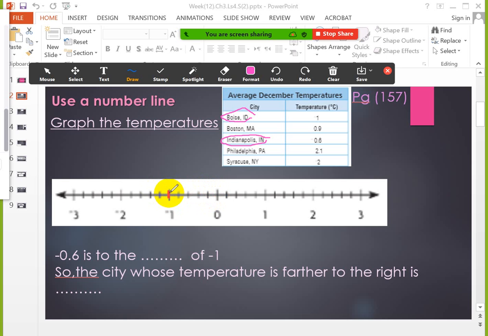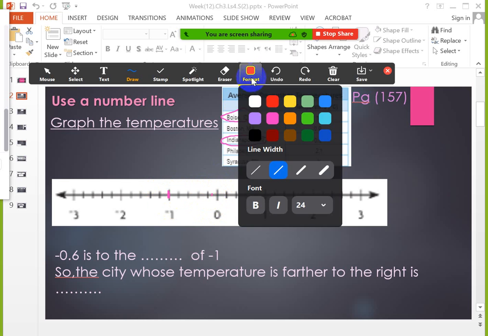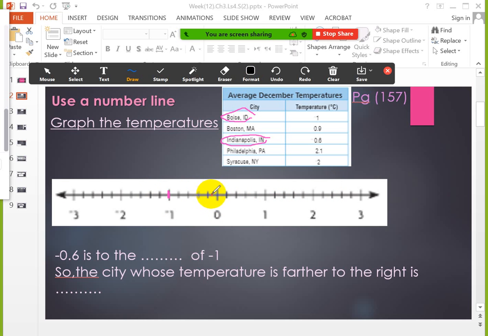If you divide, as we learned, always in decimal numbers, divide the distance between two wholes into 10 parts. So I divided it into 10 parts like this, with black color. This is 10 small parts.